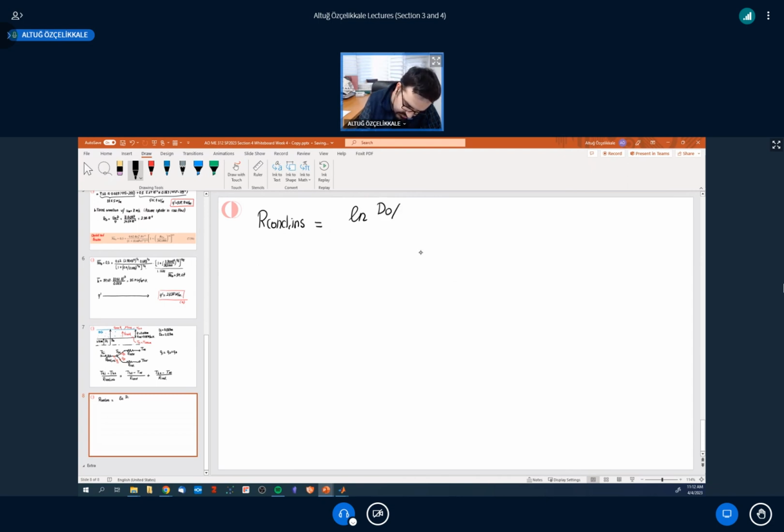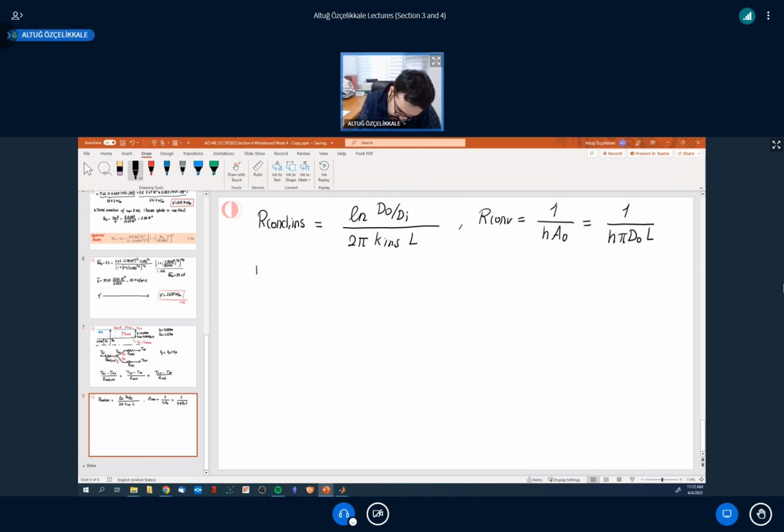That's the natural logarithm of the ratio of radii or diameters, divided by 2 pi k insulation and the length L. What is the convection resistance? Convection resistance is 1 over h times the outer surface area, which is equal to 1 over h pi dO L.